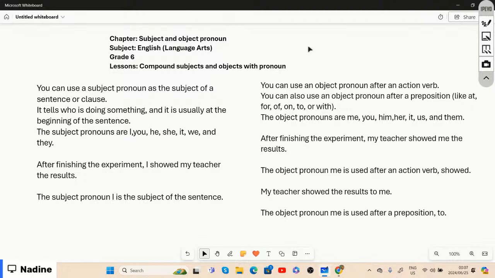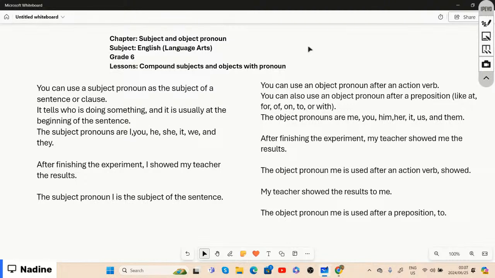So when it comes to our subject and object pronouns, remember, a pronoun takes the place of a noun. And you can use a subject pronoun as well as an object pronoun, and we will show how you can use them, whether before or after something.